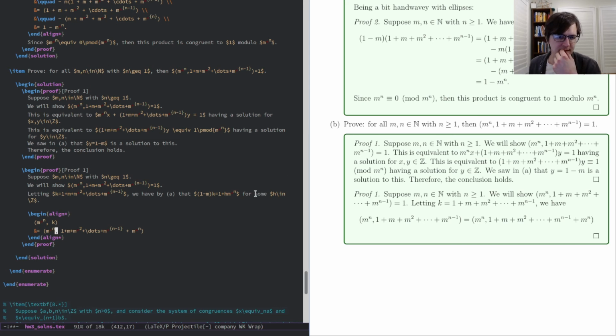I guess I was thinking maybe none of this makes any sense. But I was thinking, okay, if we could then substitute that in and get h plus 1 times m to the n plus 1 and then k over here.